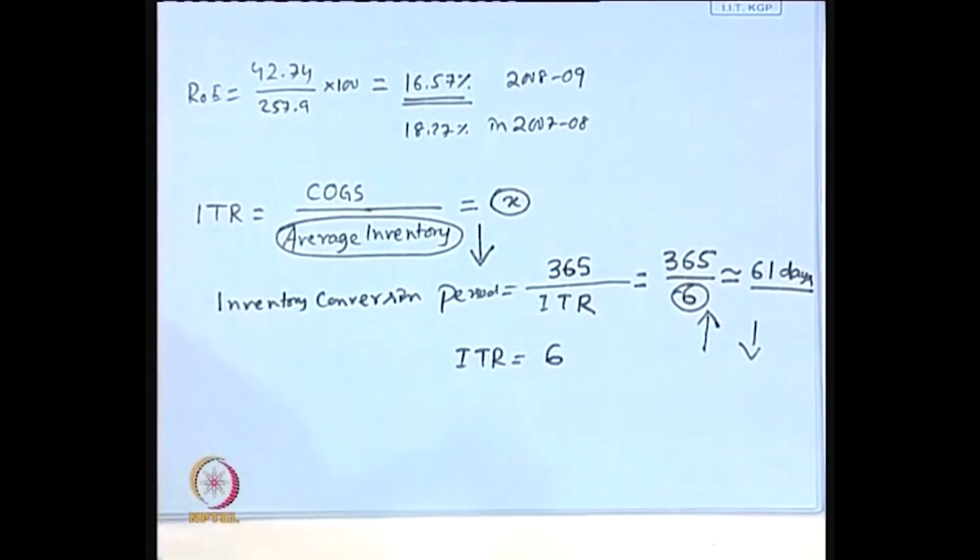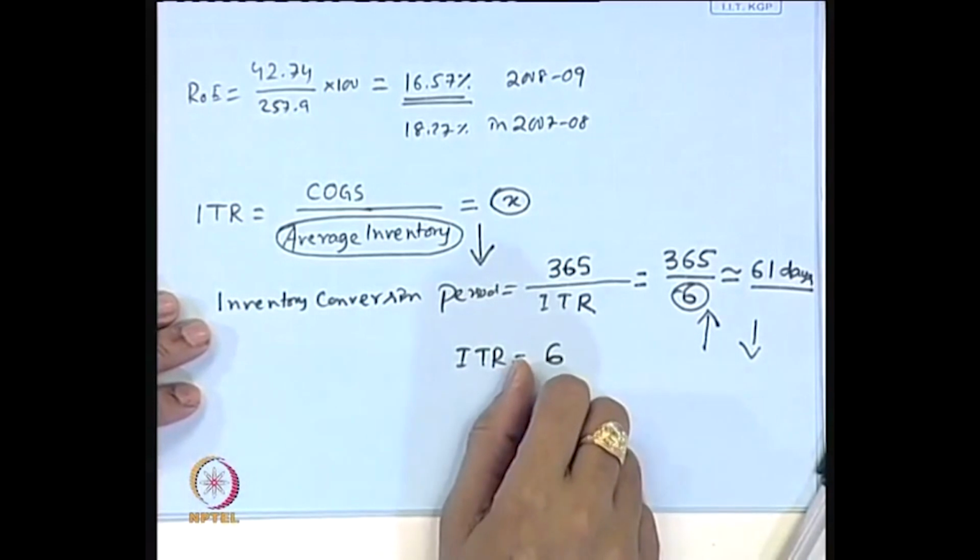Companies which go for a just in time approach have inventory likely to be 0 or almost 0, then ITR becomes very high, and the inventory conversion period becomes as low as possible. In those cases, the inventory turnover ratio may not mean anything, because the company has no intention of holding inventory to convert it into sales.